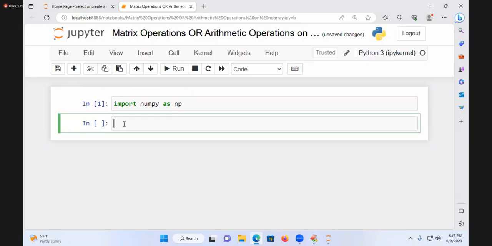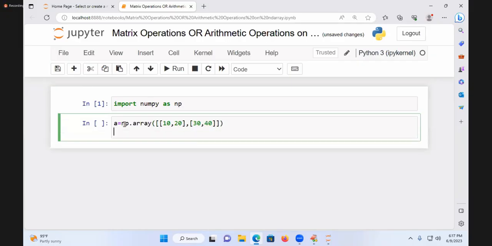Next, take one array. A is equal to, straightforward, simple students, np.array of 10, 20, I will take the matrix directly, students, 30, 40.